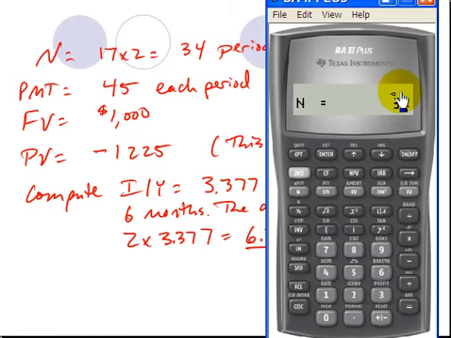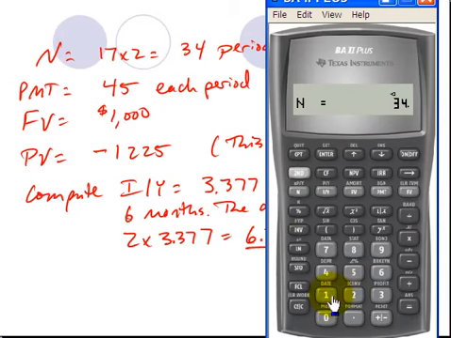That means that the BA II Plus is set to calculate annuities as ordinary annuities, not annuities due. Remember, ordinary annuities are annuities where the cash flows occur at the end of every period, and that's what we assume most of the time. And it will have BGN up here in the upper right-hand corner if the cash flows are occurring at the beginning of the period.